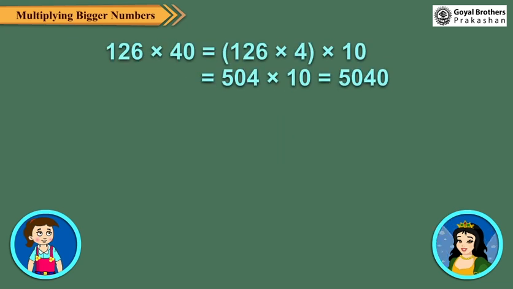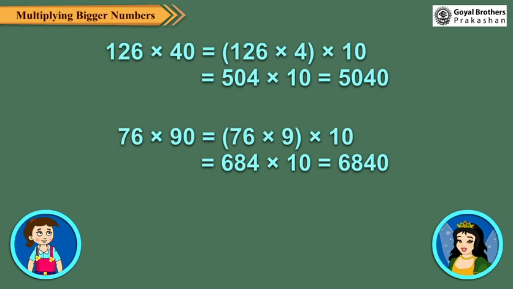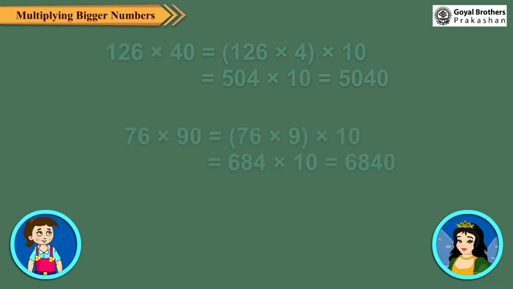On the basis of the above, we can say that to multiply a given number by 20, 30, 40 till 90, we first multiply the given number by 2, 3, 4, till 9 respectively, and then insert 1 zero on the right of the product.